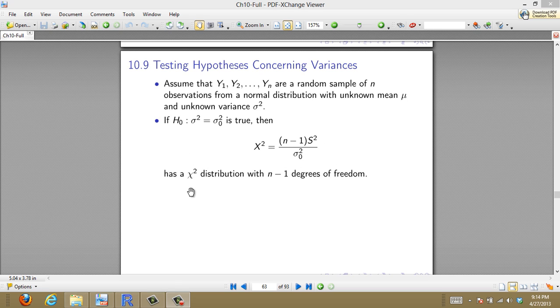And that statistic has a chi-square distribution with n minus 1 degrees of freedom. This actually looks very similar to the formula that we used in chapter 8 to calculate confidence intervals, except that instead of having a quantile down here, we're replacing it with our hypothesized value of the population variance. So we take the sample variance multiplied by n minus 1 divided by the hypothesized variance in the null hypothesis.